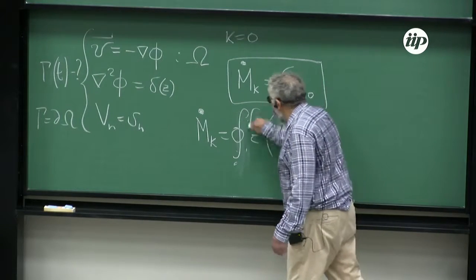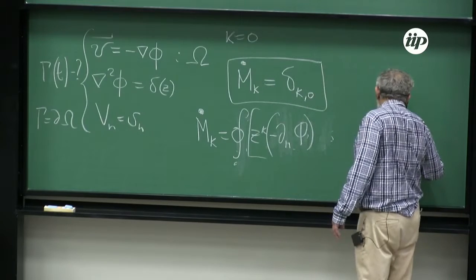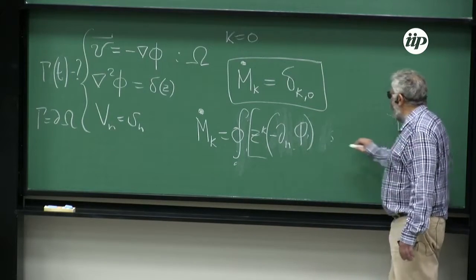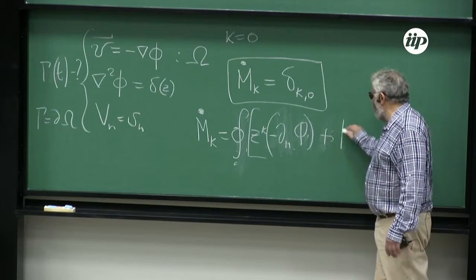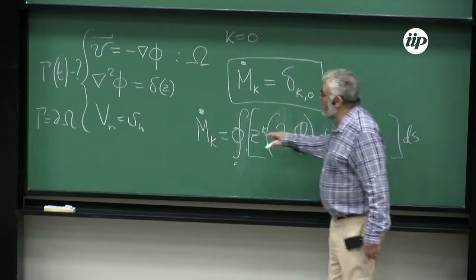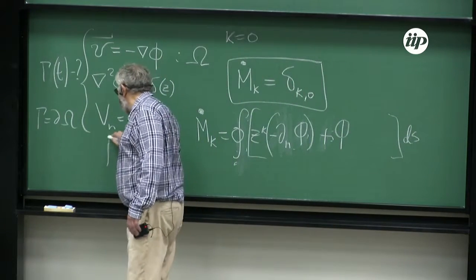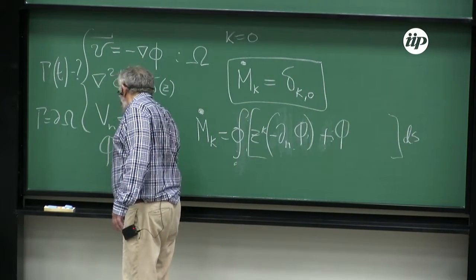And I can add here phi, which is, oh, I forgot, phi equals 0 at the boundary.